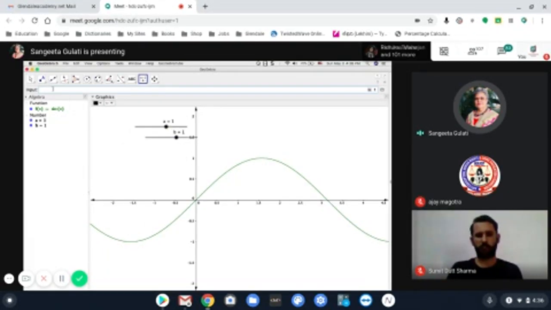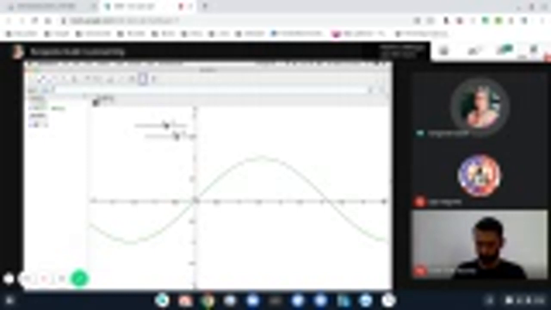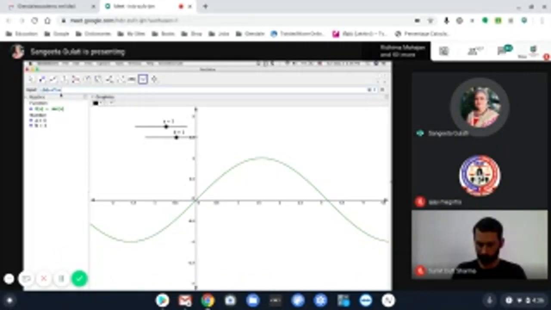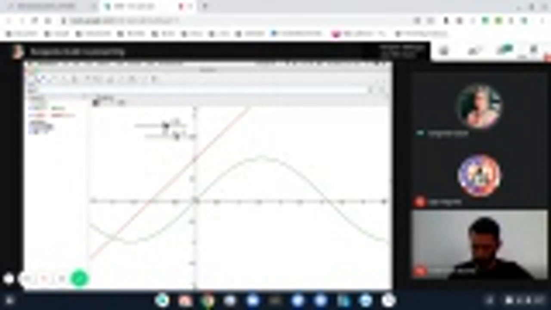So if now I type in another function, say g(x), which is equal to a times x plus b, you can see this a and b are coming into the loop, which basically means it is picking the values that I have given to a and b, and now you can see the life coming to the function.